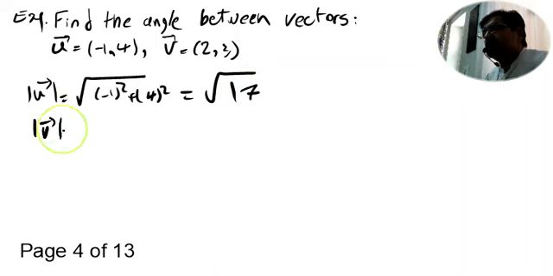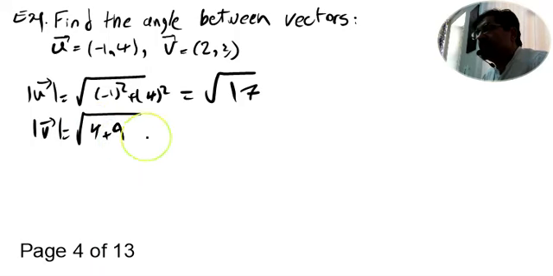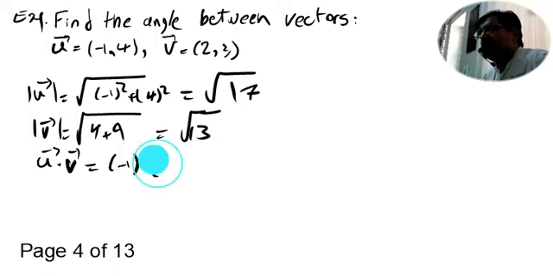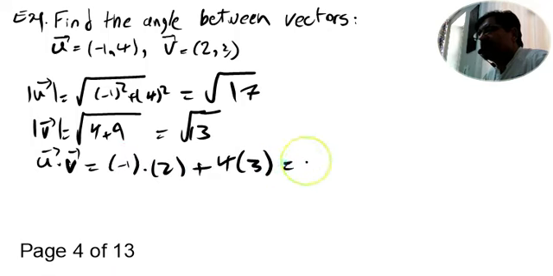Norm of V is square root of 4 plus 9, equals square root of 13. So U dot V also is minus 1 multiplied by 2 plus 4 multiplied by 3, that is minus 2 plus 12, that is 10.